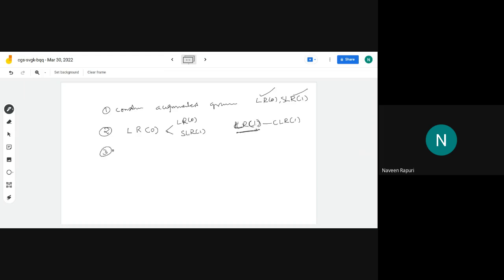After that comes construction of the parsing table. For the construction of the parsing table in LR0, we replace all the reduced actions.